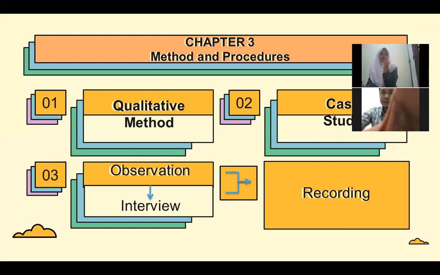Interviews were conducted to find out the reason these teachers used code switching in English learning. All observations and interviews were recorded so that no data was missed.